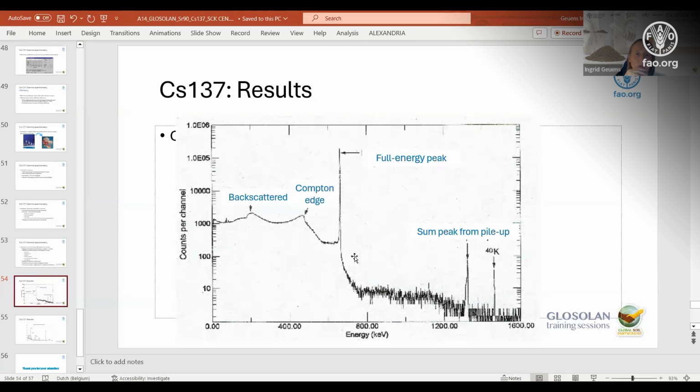You have, of course, the Compton background and the Compton edge. Then the background goes down very rapidly. There is some pileup or some peak visible coming probably still from some other nuclide that is present.